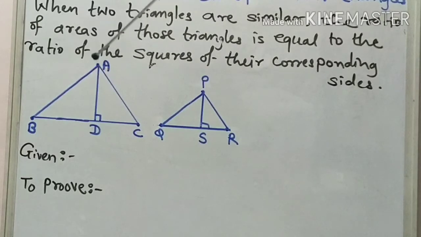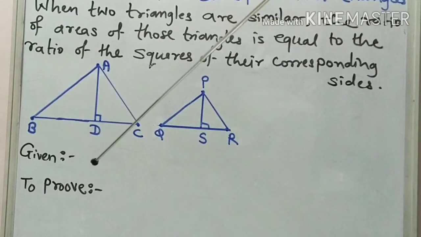Also here I draw the perpendicular, segment AD perpendicular to BC, and PS perpendicular to QR. Why do I do so? Because this theorem, the theorem of areas of similar triangles, is based on the property of the ratio of areas of two triangles.